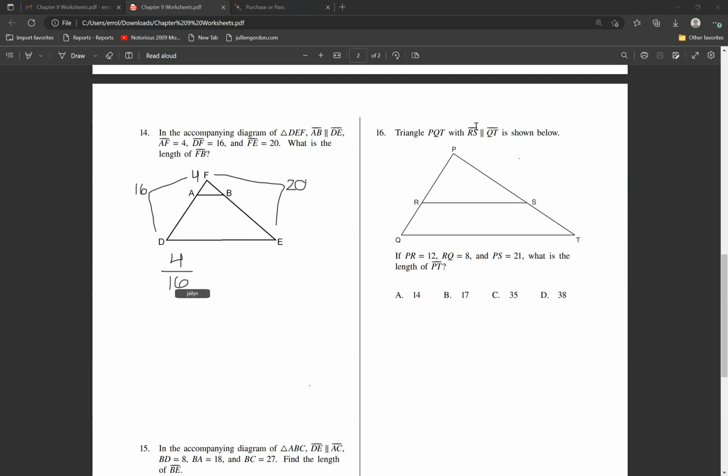Good. There you go. That's it. Okay, so what do you know about 4 over 16? Can you reduce it? What is 4 over 16 the same thing as?